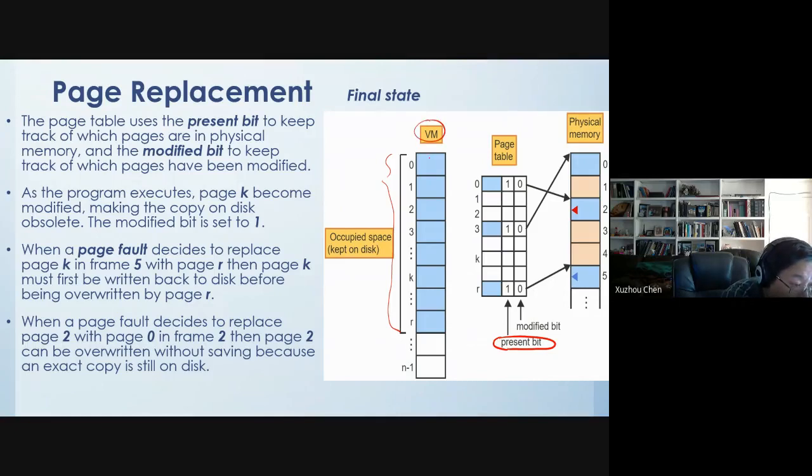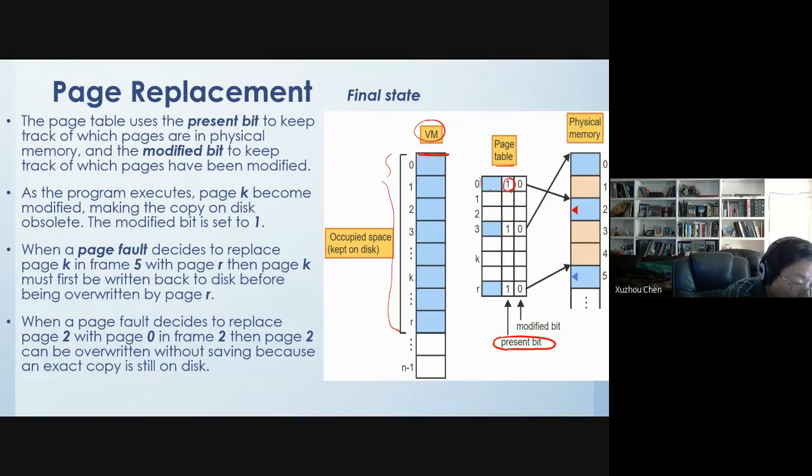When we start the program from the first instruction, we find out this instruction is in page 0. Then we look at the page table and find out page 0 is present, because the present bit is 1. It's already loaded into physical memory.